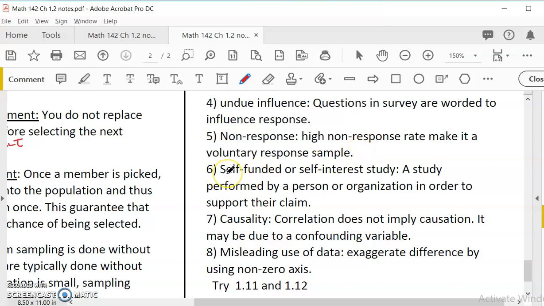The next thing that might influence a statistical study is a self-funded or self-interest study. Other than sample problems, this seems to be a big problem in statistical studies.